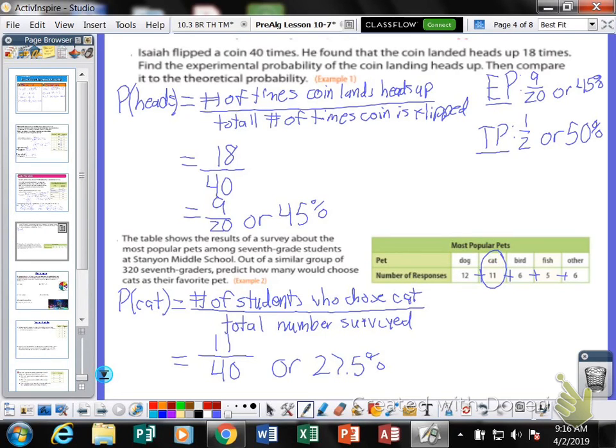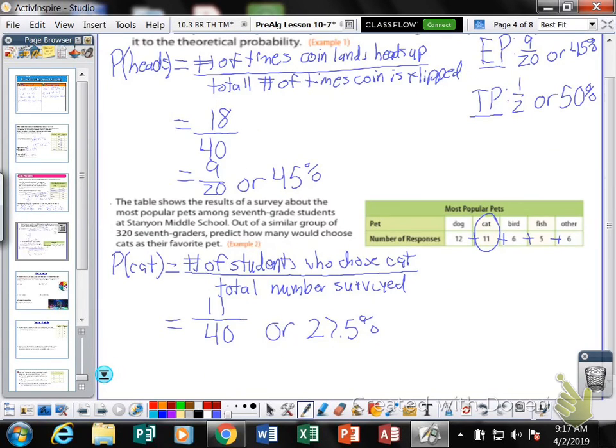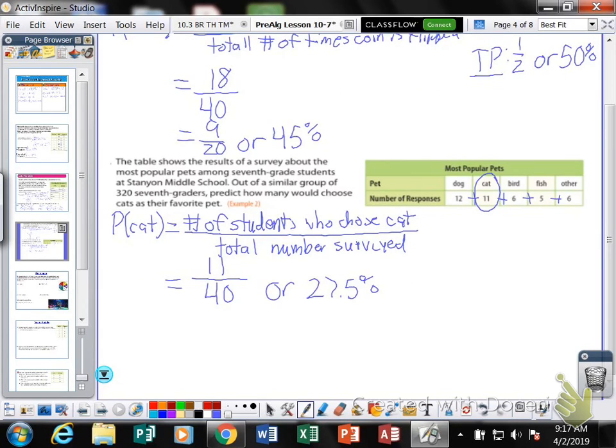Now, out of a similar group of 320 7th graders, predict how many would choose cats as their favorite pet. So here, we're going to use our percent proportion to solve. Okay, so we have our part over the whole, which is 320 students, equals our percent we know is 27.5 over 100. Cross multiply.